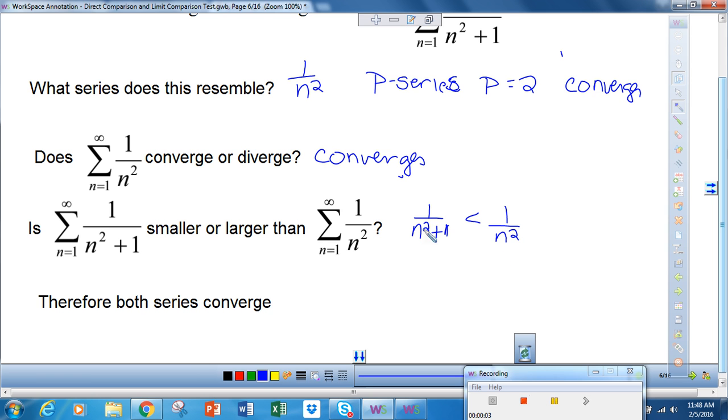I can do that by cross multiplying. I get n squared is less than n squared plus 1, which is a true statement. So therefore, I know that 1 over n squared plus 1 is smaller than 1 over n squared, and therefore it converges.